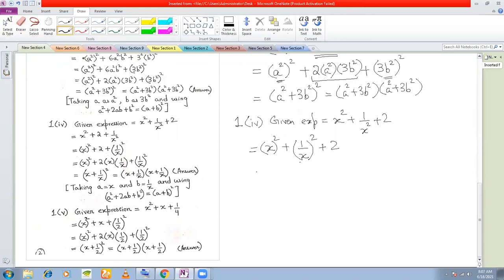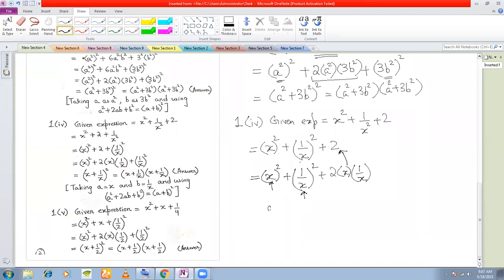We already got a square and b square. So next this is a square plus b square plus twice. A here is x. B here is 1 by x. Are we getting 2 from here? Yes, we are getting 2.